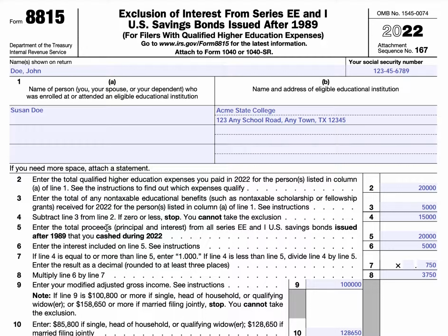So in line 5, we'll enter the total proceeds, principal and interest from all the Series EE and I bonds that were issued after 1989 and that you cashed in during the tax year. So I just put in $20,000. Of that, we calculated on line 6 that the interest is $5,000.